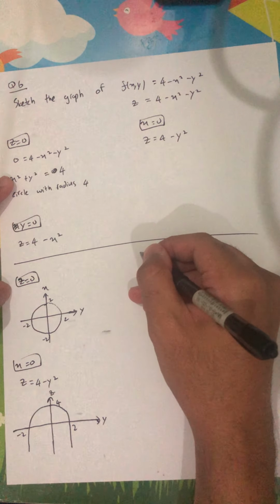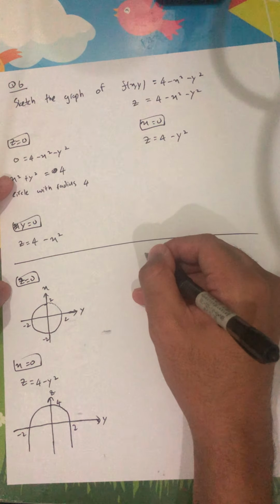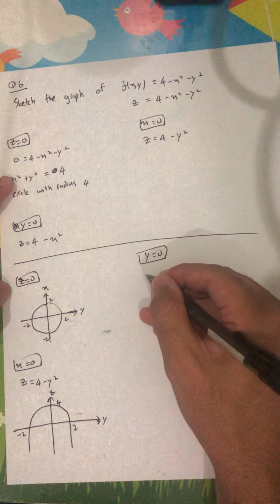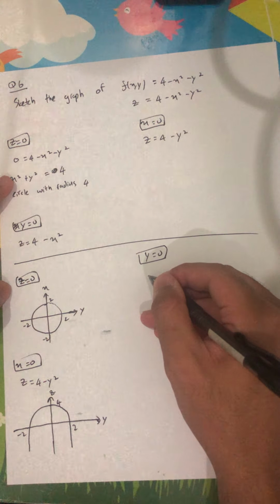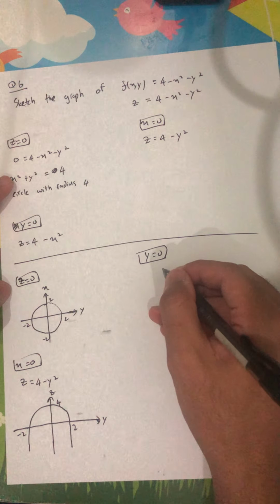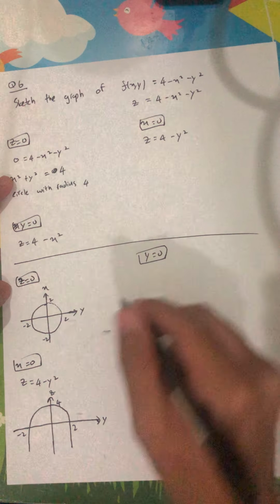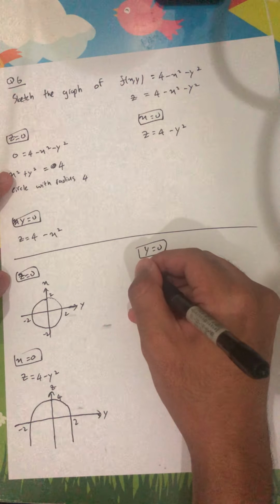Now at y equal to 0, we'll have the same drawing as this, but let me rewrite the function.